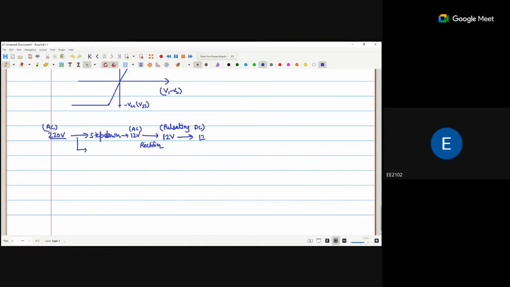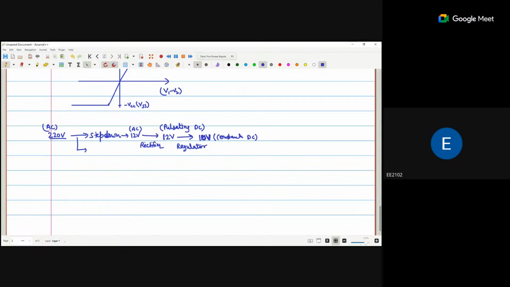After that, you require a 10 volt constant DC, for that you use the regulator. So you process with three different blocks and you get the 10 volt.